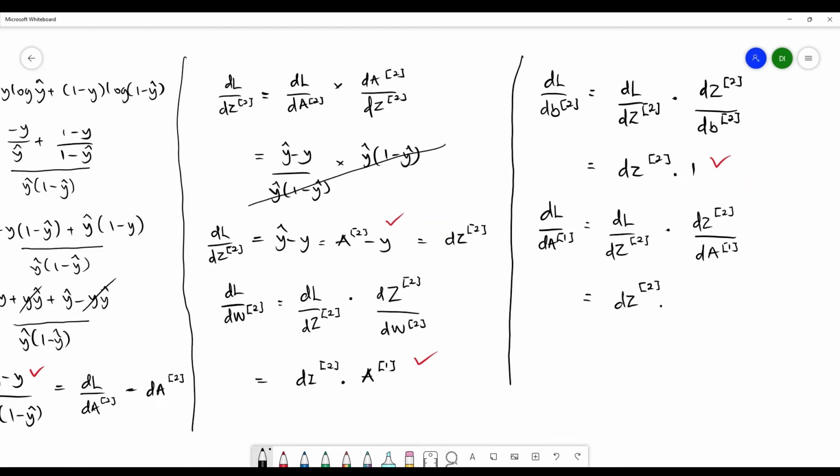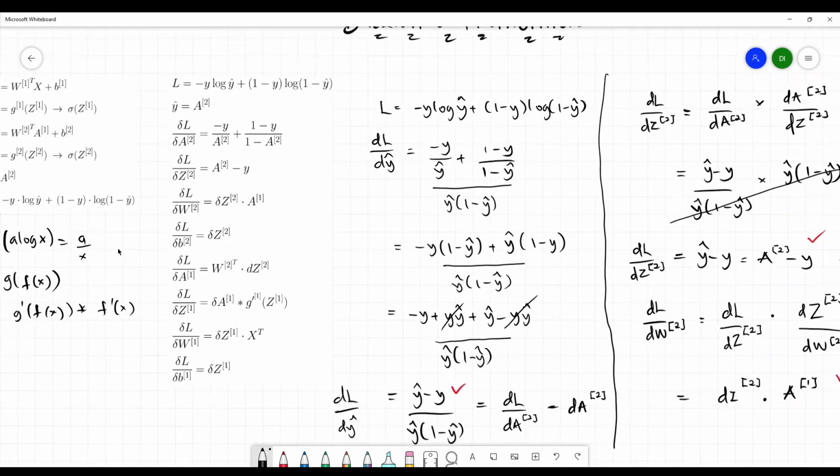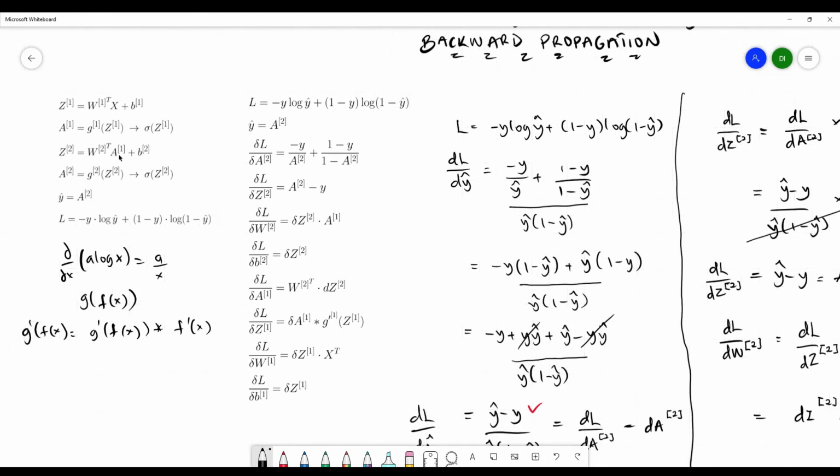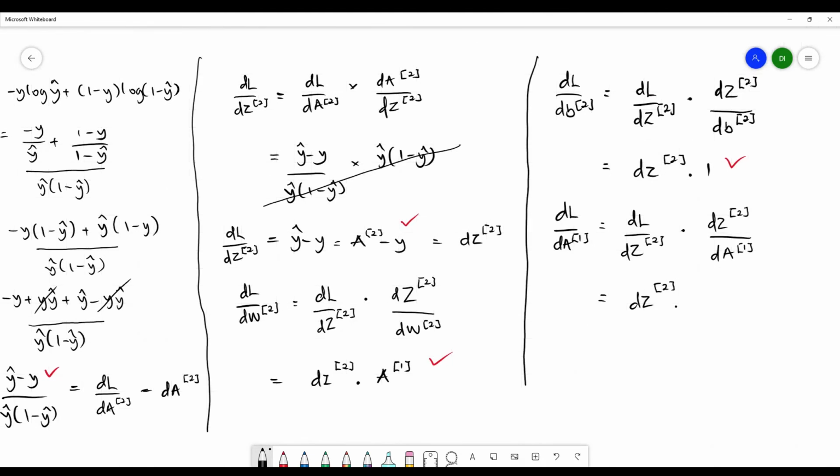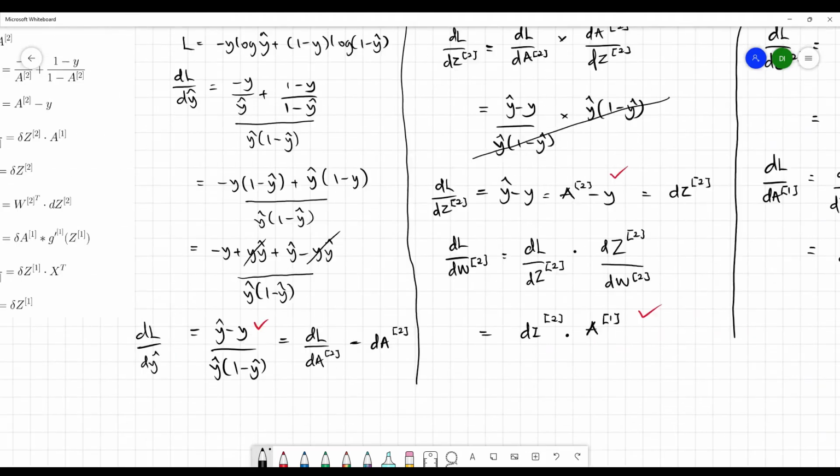Use our shorthand, multiplied by, let's go back and look up the relationship between Z2 and A1, and it's what? We see that the derivative is W2 transpose. We come here, we say W2 transpose, and let's check if we are correct.